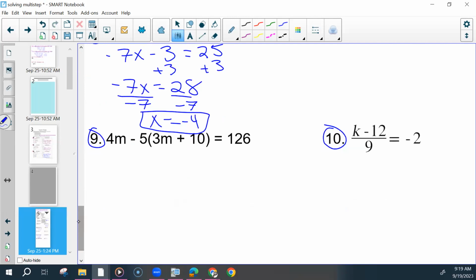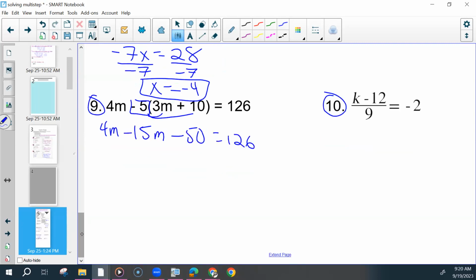What would be our first step? Multiply what? We will be multiplying now. Right, so now the process is the same. What's the next step?